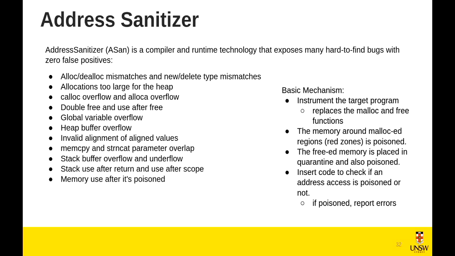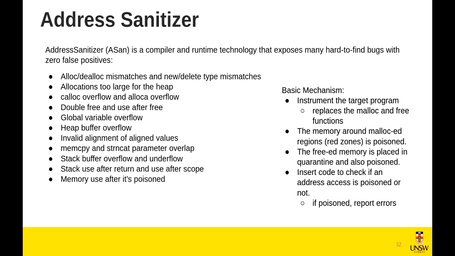Then address sanitizer will insert code to check if an address access is poisoned or not. If the program is trying to access a poisoned address, it will report errors and stop the execution of the program. So this is how address sanitizer works, and this is the basic mechanism.